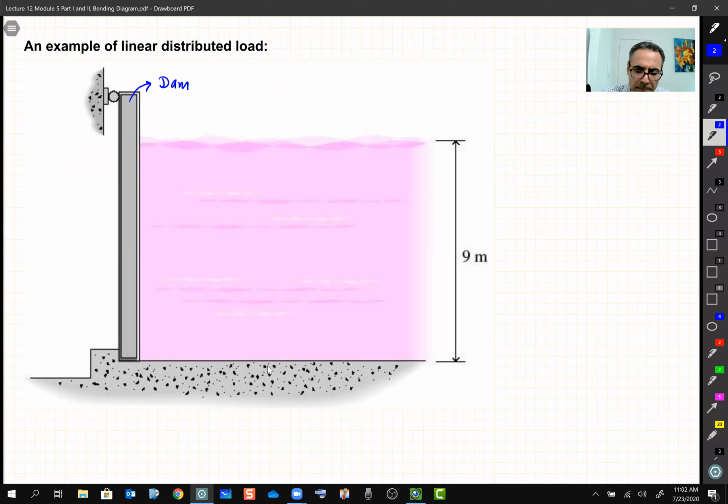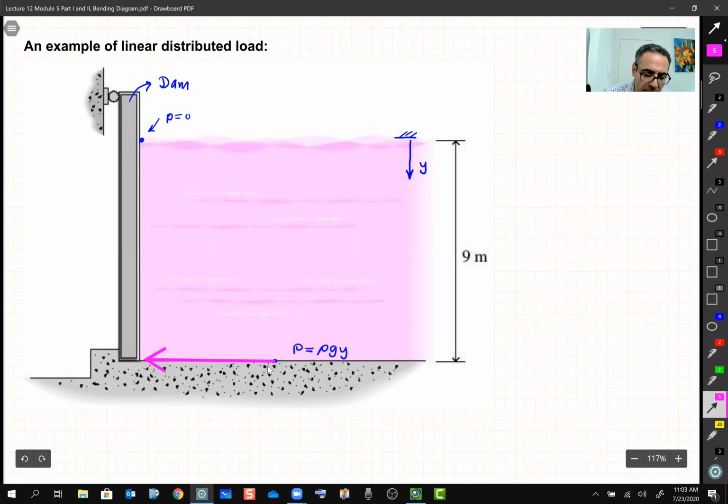So we know that there is a formula for pressure. If at the top, we put our axis there and we call this one Y, we know that at the very, very top here, there is no pressure, right? Pressure is 0. But as we go down to the bottom, pressure is maximum, right? The formula for pressure is rho g h, which here I put Y. The pressure here is the maximum, but as we go to the top, the pressure becomes smaller, smaller until it becomes 0.